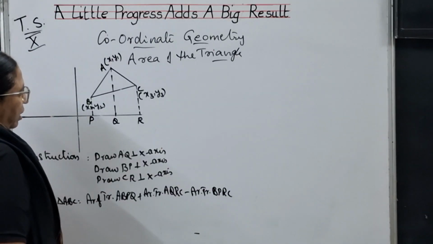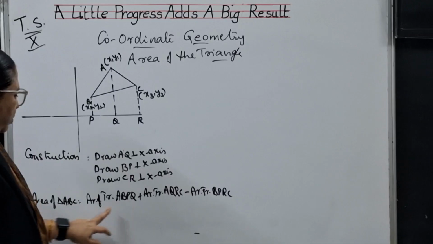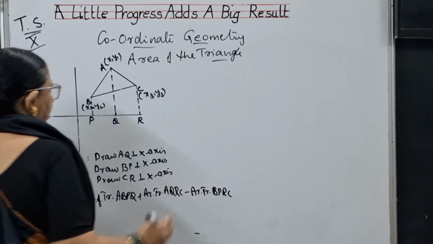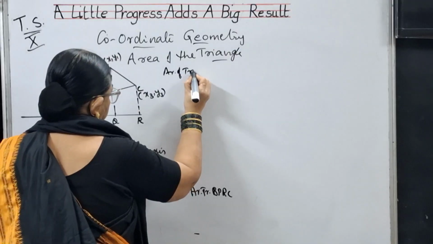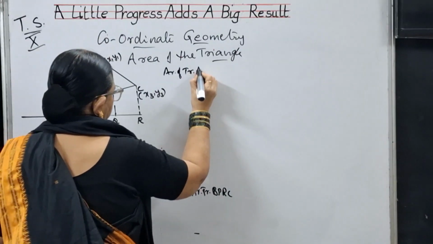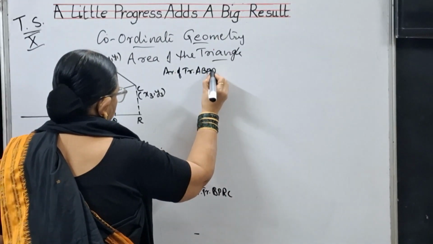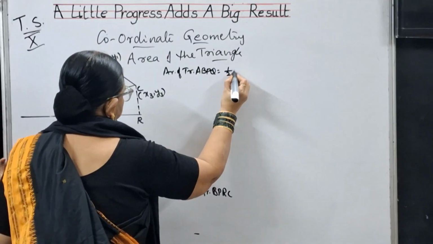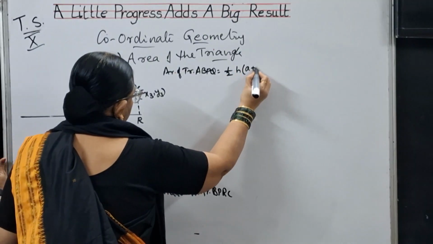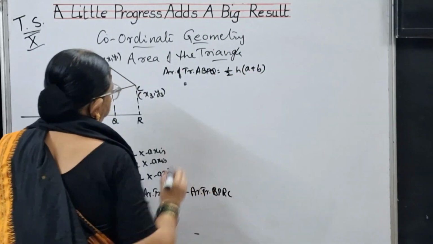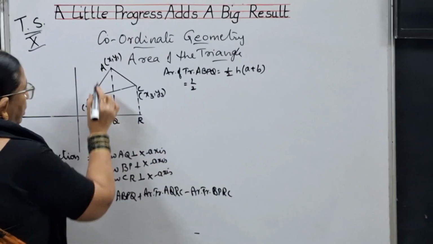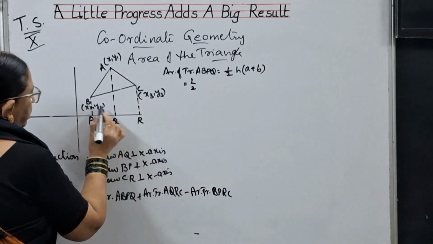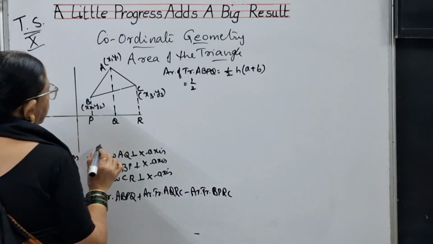So let us see one by one. First we will find out the area of trapezium ABPQ. Actually the trapezium area formula is half h into a plus b. So half into, what is h for ABPQ?